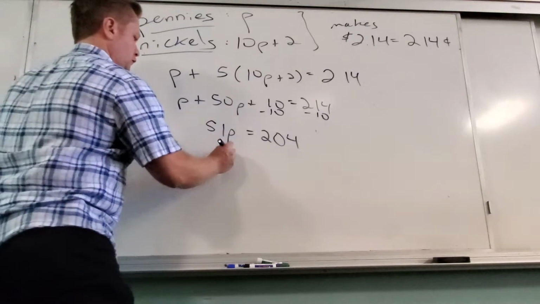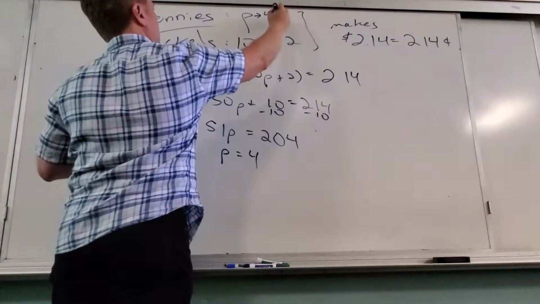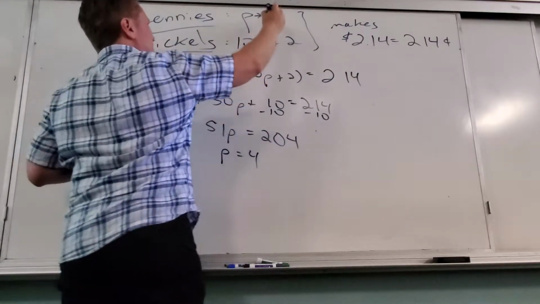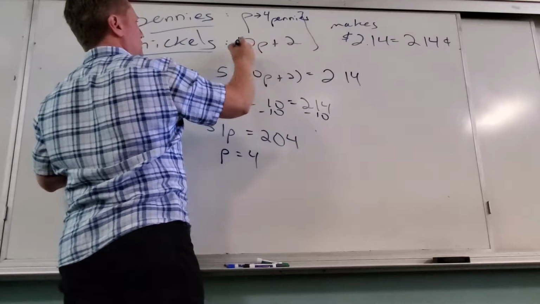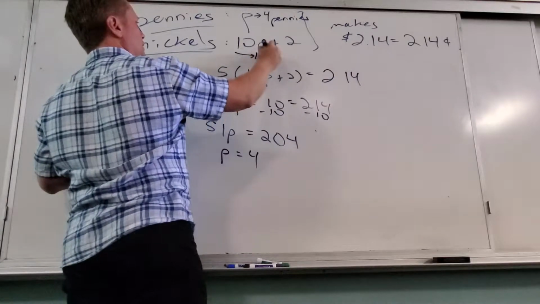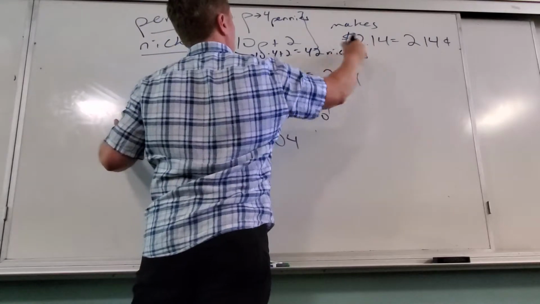Yeah, so P was 4. 4 what? 4 pennies. And then how many nickels then? Yeah, 10 times 4 plus 2, I got 42 nickels. Circle.